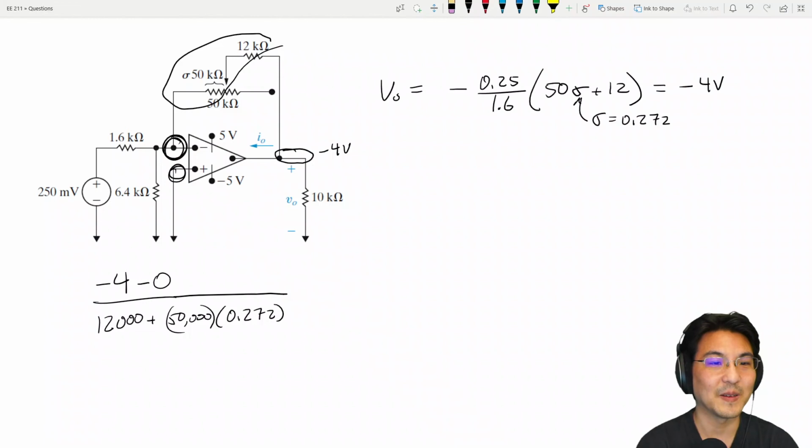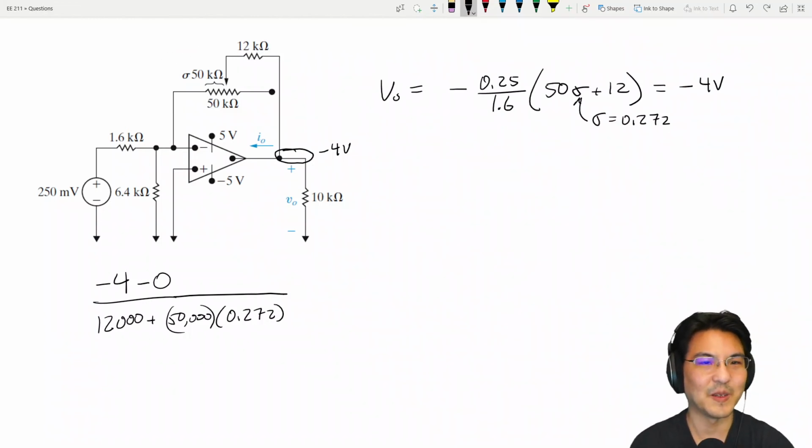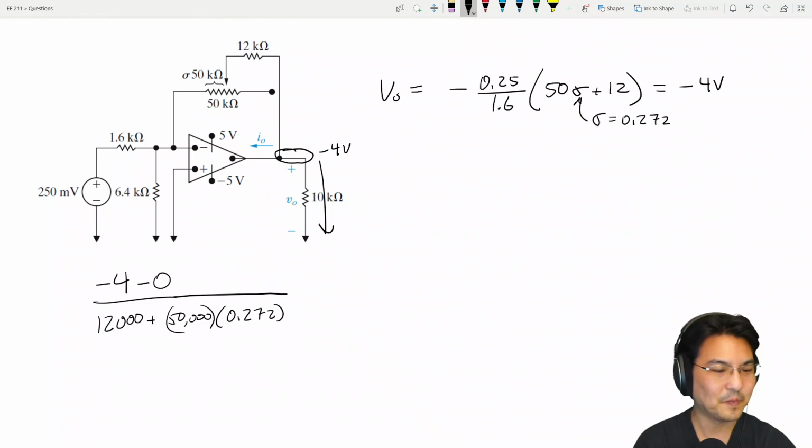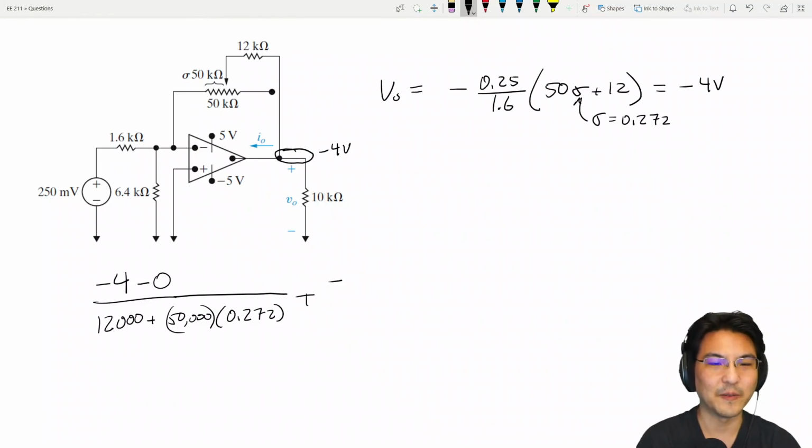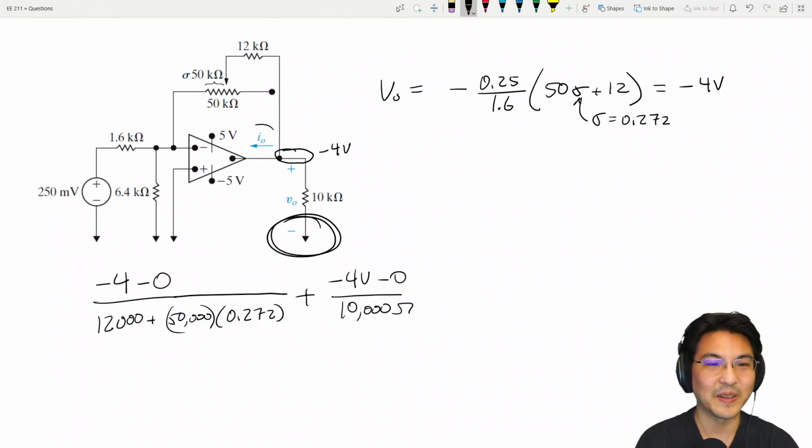That's the current going up this way. And then we need the current going this way: -4 minus voltage here, 0, over 10K. And then the current going this way, plus I/O.